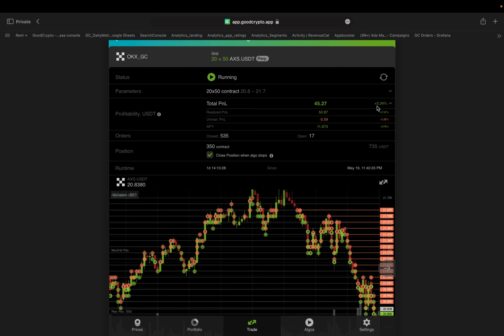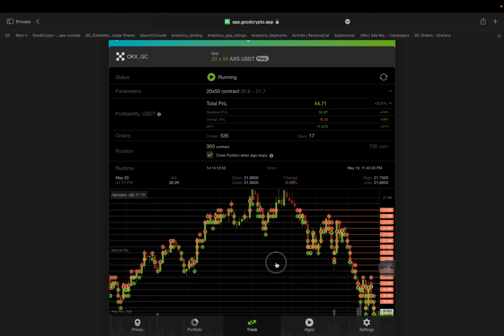So you have to multiply that percentage by 20 to understand my real, unlevered P&L to the funds that I actually locked. So I locked here around 100 USDT, and I made 45 USDT on those 100. So as you can see, that's 45% in a day and 14 hours, and it keeps working.